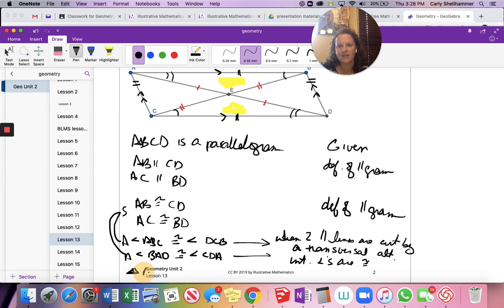So triangle ABE is congruent to triangle DCE, because of angle, side, angle. Now we're trying to prove the diagonals have bisected each other.